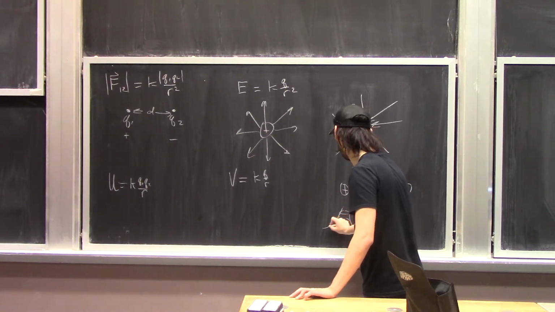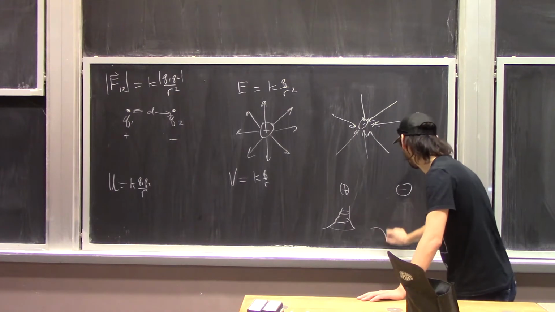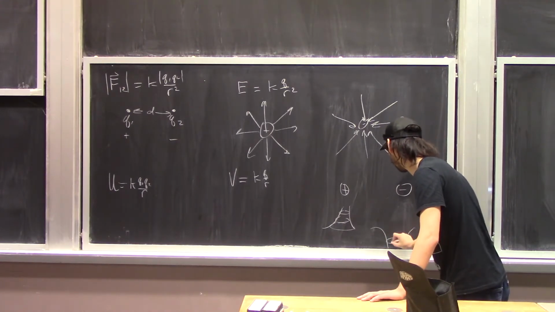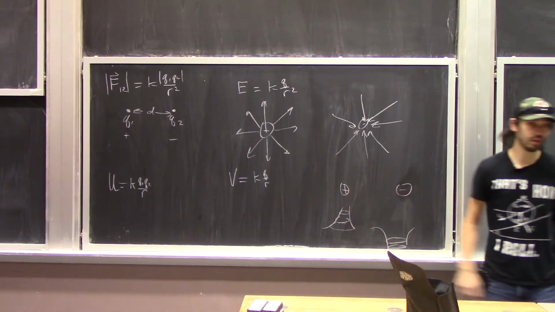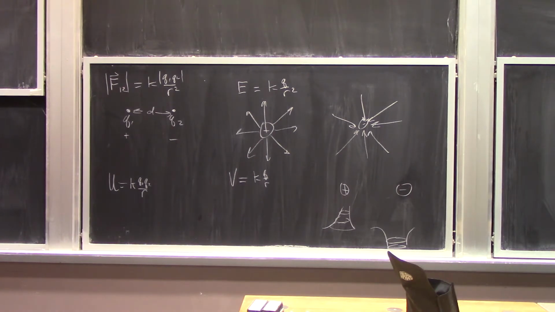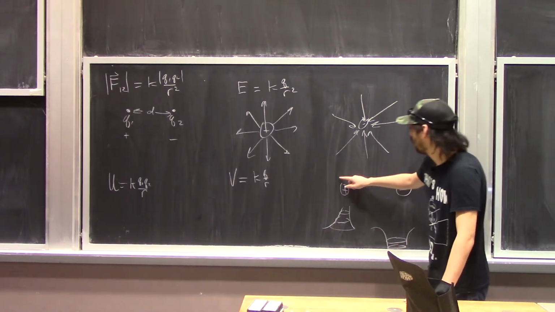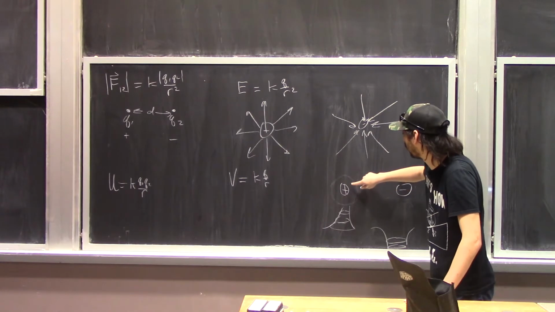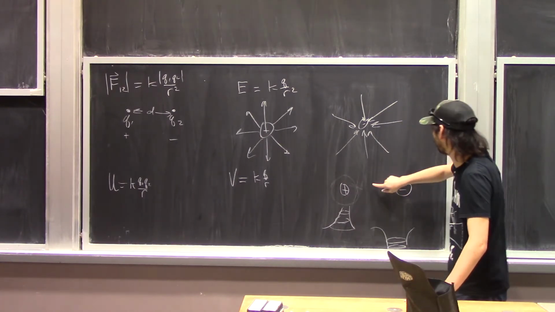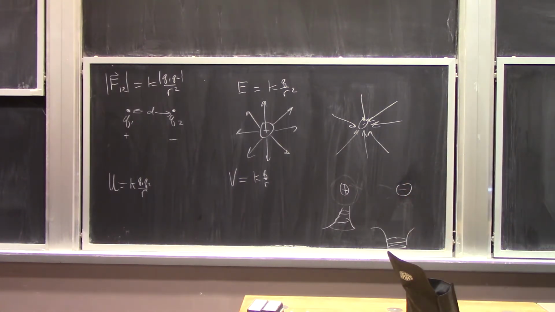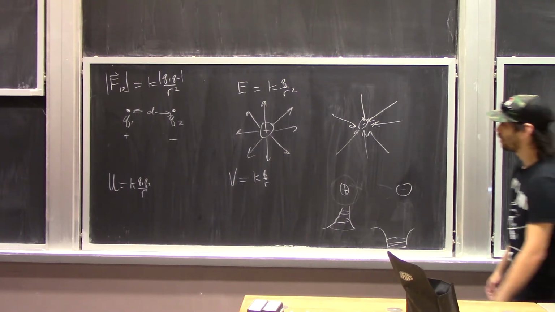So this would be the electric potential of the positive charge, and this would be the electric potential of the negative charge. And so moving away from the positive charge, you have a decrease in electric potential. Moving towards the negative charge, you have also a decrease in electric potential.